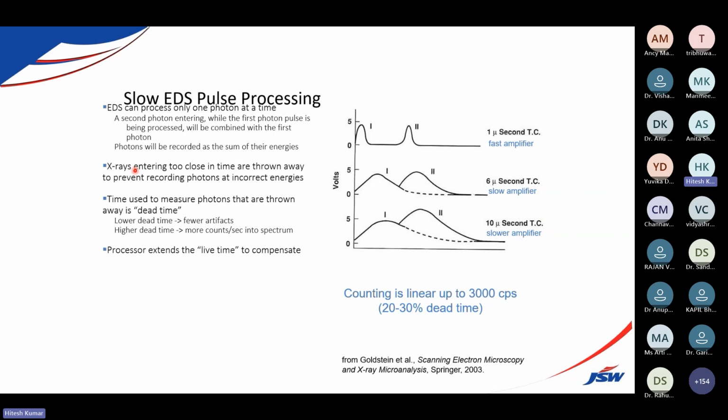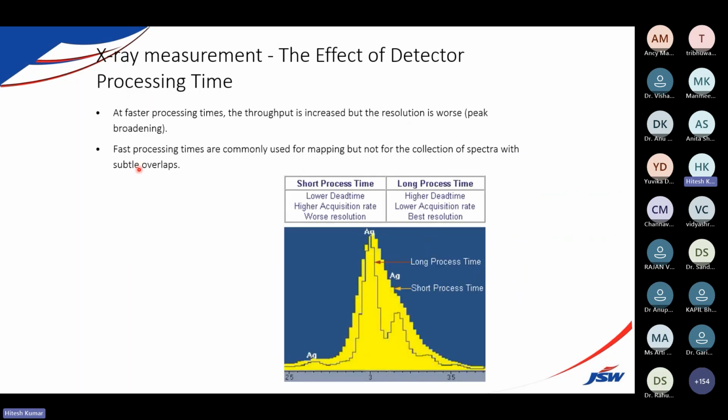X-ray photons arriving close together in time are thrown away to prevent recording photons at an incorrect energy. So you need to take care of the artifacts you see in your sample. Let's suppose you have 3000 CPS; then around 20 to 30% is your dead time. You need to take care of that.